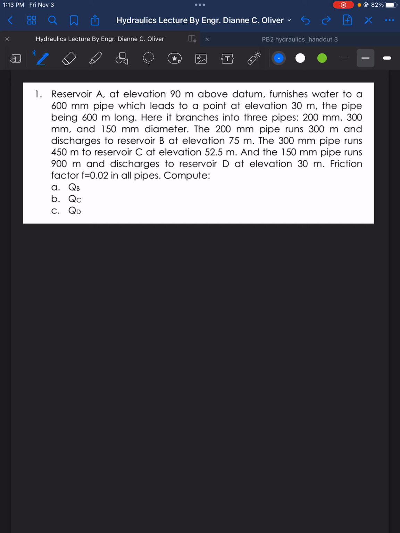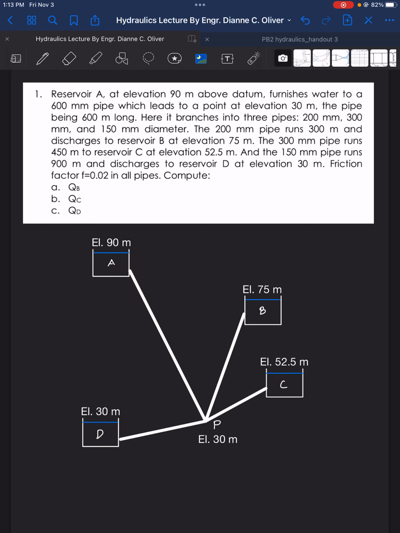And given the diameters and the lengths of the pipes, we can have this drawing here. So we have 90 meters for A, 75 for B, 30 for D, and 52.5 for the reservoir C.